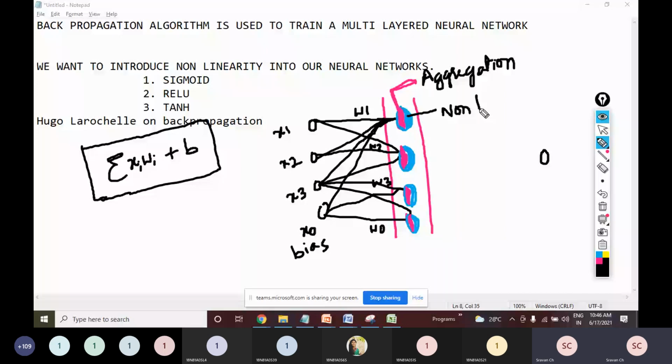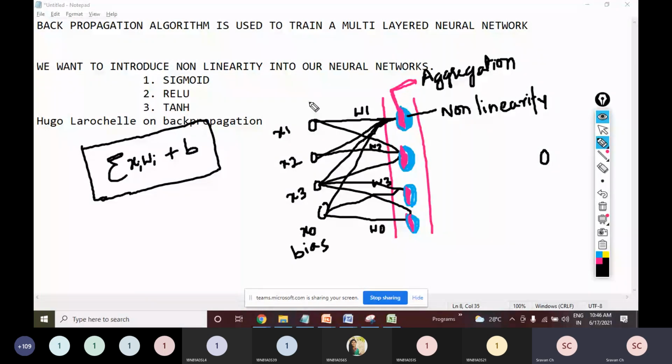So how do we add non-linearity to our output? Our output at this layer is a linear output, which is a normal perceptron's output, which we know very well. How do we add non-linearity to this output? By using functions like the sigmoid function, ReLU function, tanh function. So maybe let me write it as sigmoid.